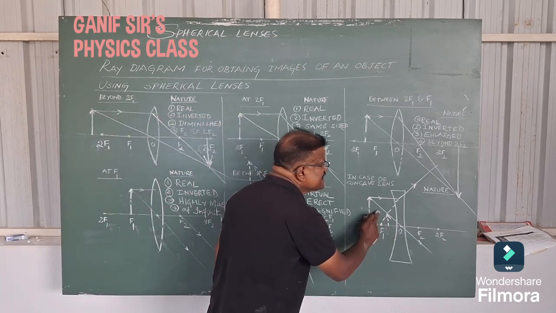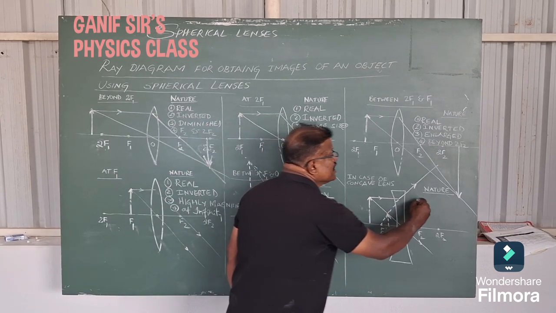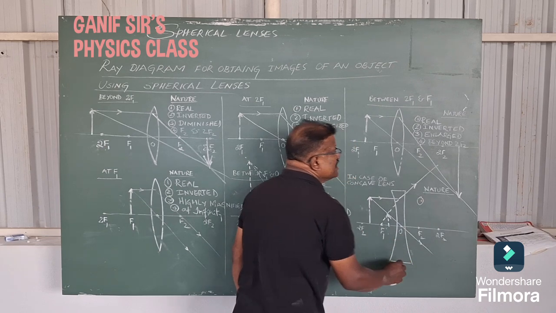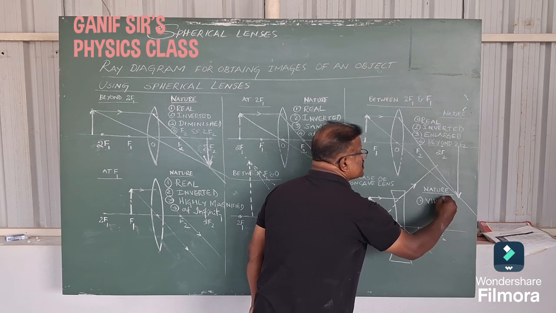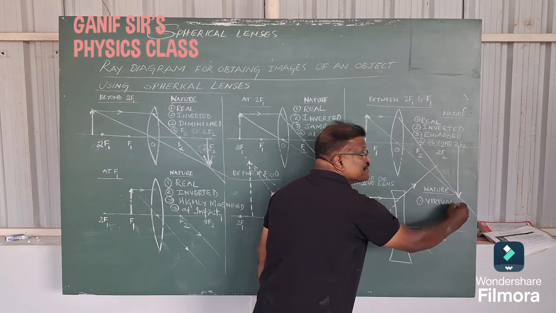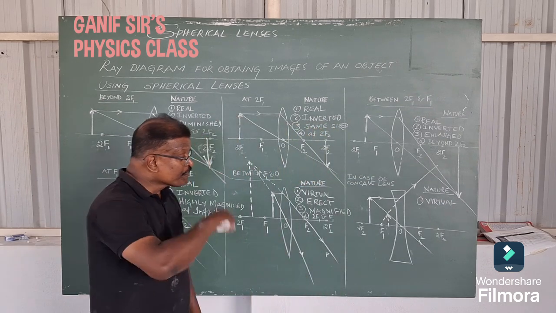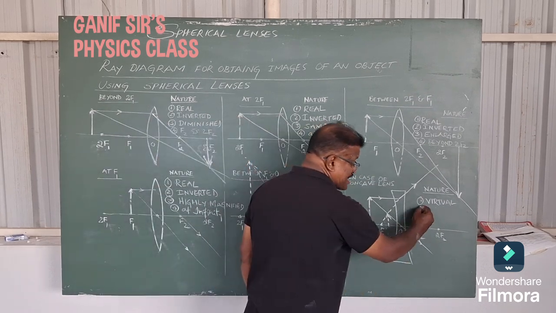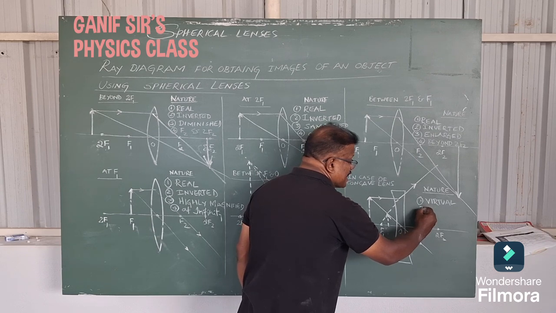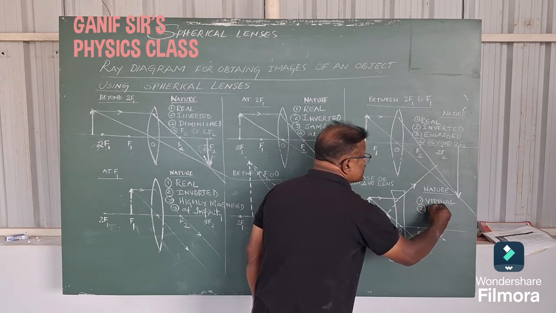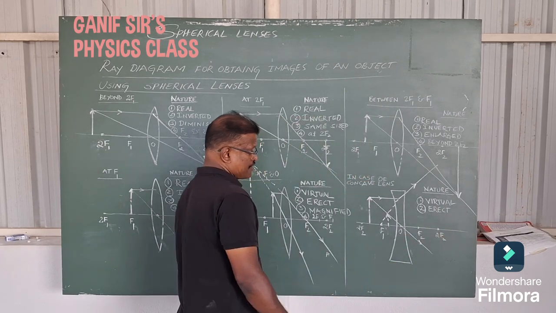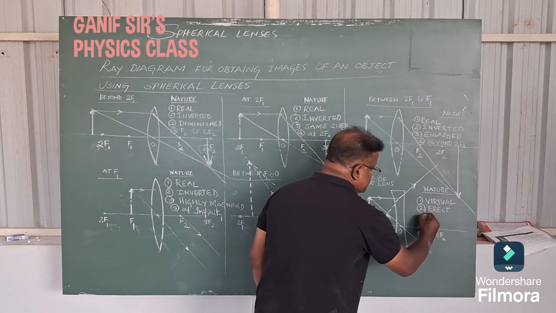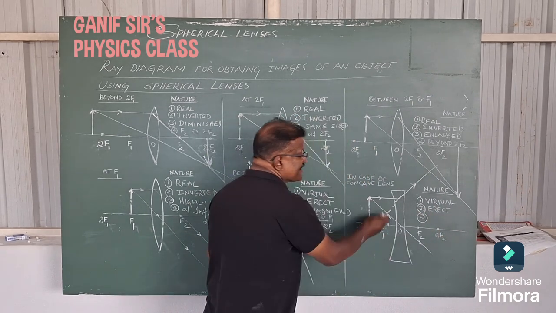So now let's discuss the nature of this image. The first nature is, of course, virtual, because it's not a real image. It can be perceived by our eye, not by any physical screen. The second one is erect. The third is regarding the size.